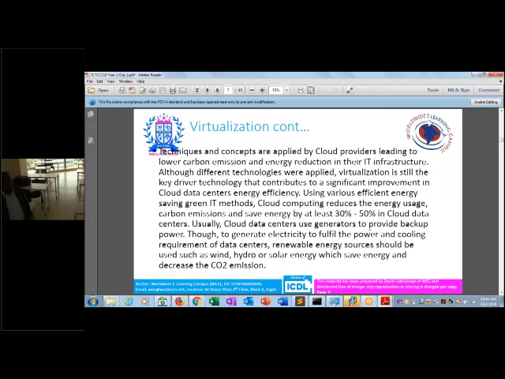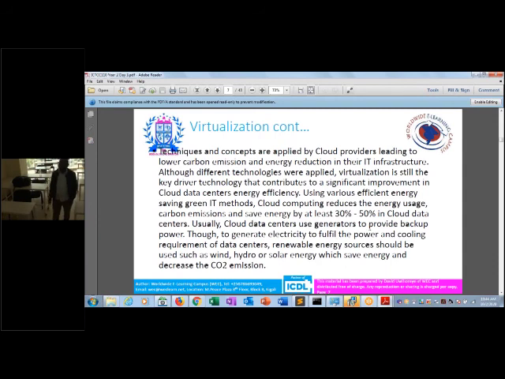As we are using this technique of virtualization, we are achieving high utilization of resources, and then we are reducing the amount of carbon dioxide emitted to the sky, and achieving energy reduction in the IT infrastructure.